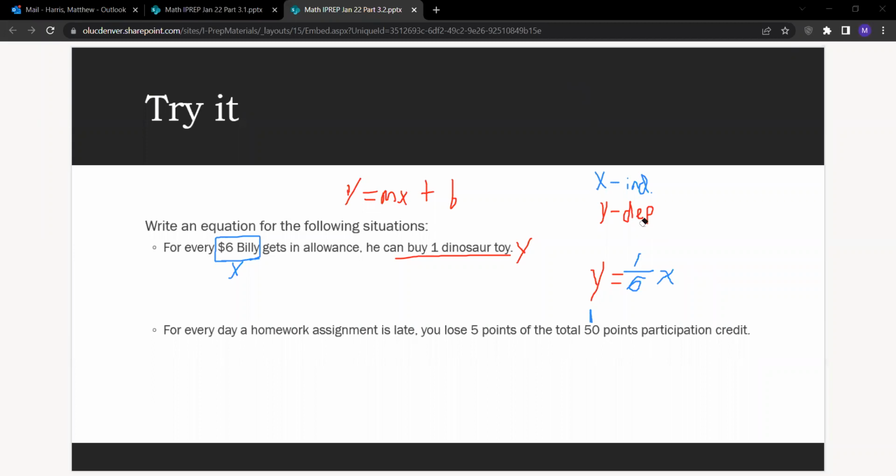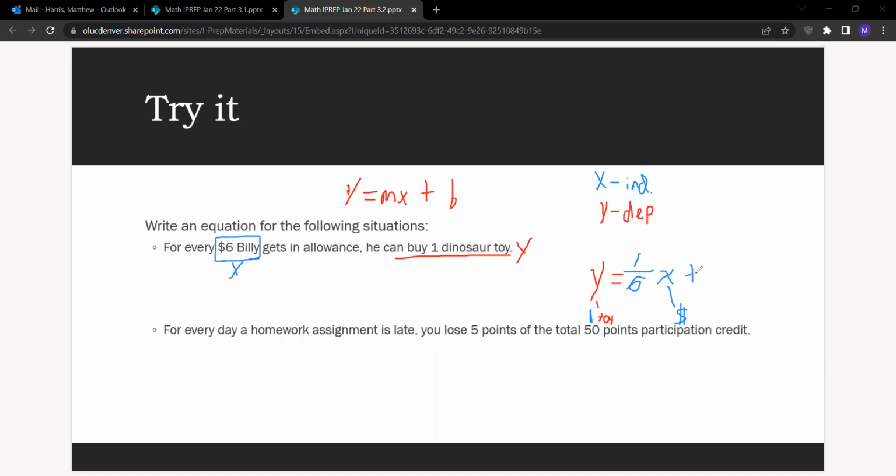I erased the y-intercept here, and that's just because in this case, we don't have one. We're not starting with any dollars. That's what we said: y represents the toy, and x represents dollars. So y is the toy with a value of 1, and x is $1.